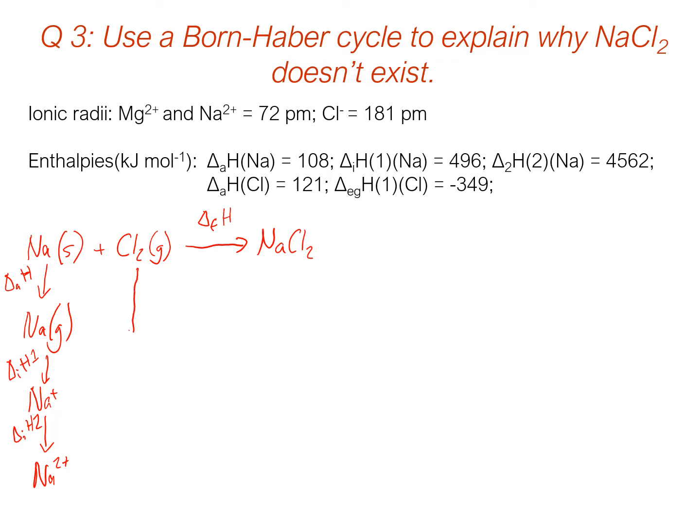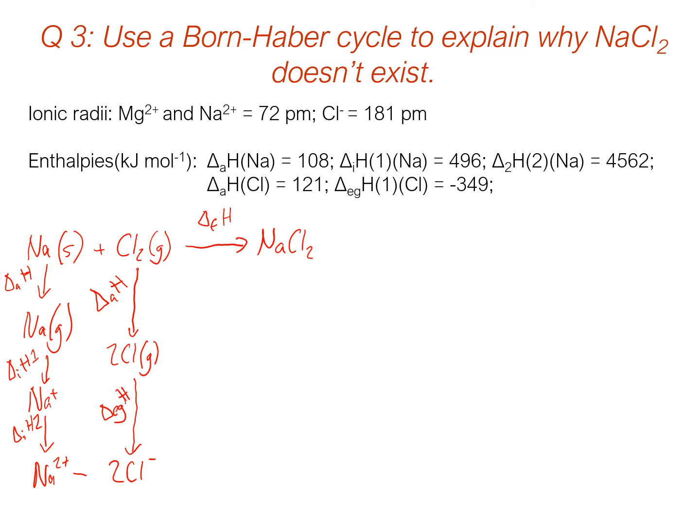So we take the Cl and we atomize it again to get 2 chlorine atoms, should I say, very clear, atoms in the gas phase, and that is with the atomization enthalpy. And then we turn them into 2 Cl- anions by using the electron gain enthalpy of chlorine.